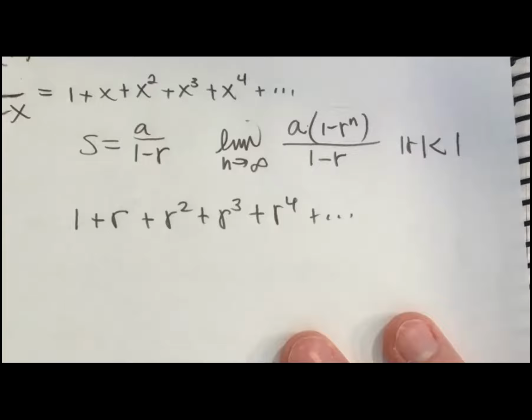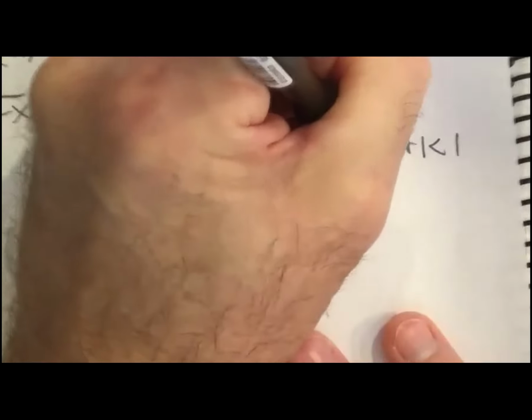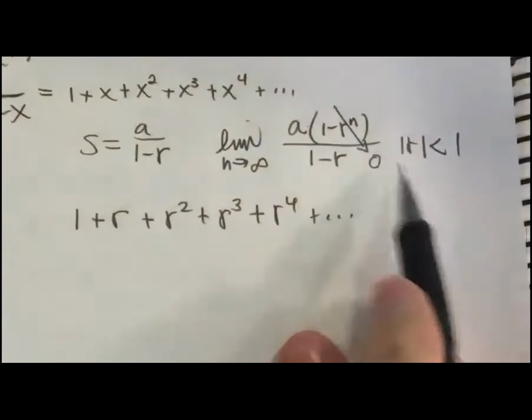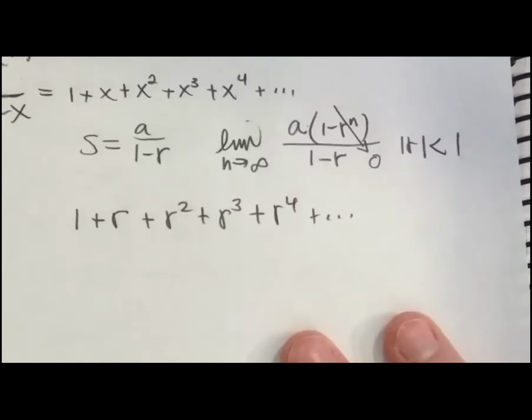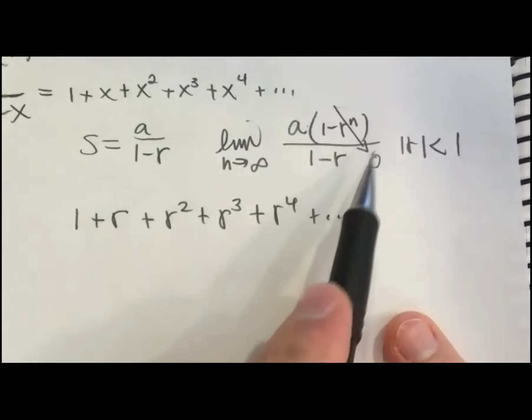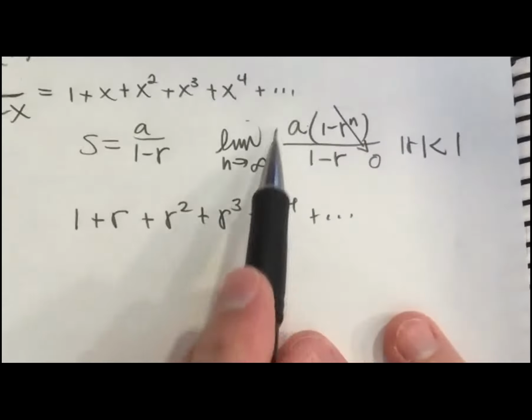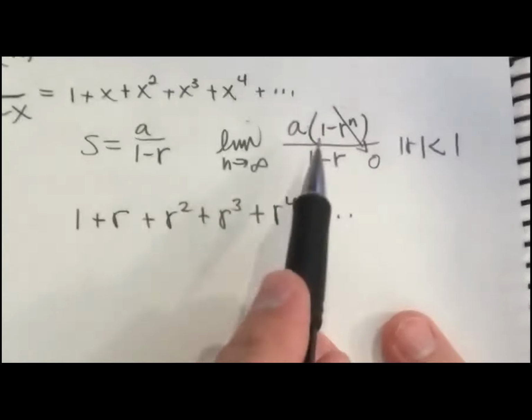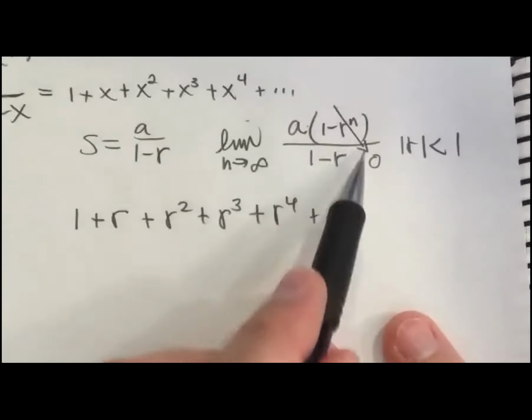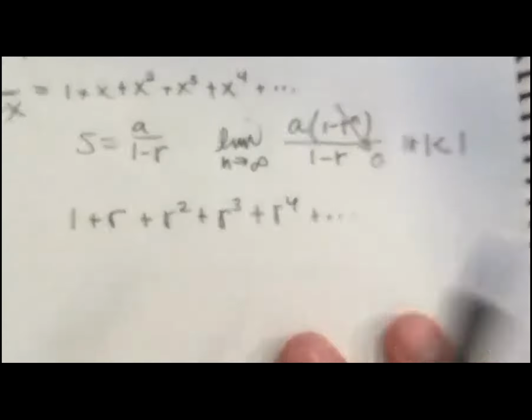Close, but you're a little bit off. This part goes to 0 if r is less than 1. Oh, yeah. Okay. But how do we know it was this formula? I mean, sure, once we get this formula, we can take the limit and that term's going to go to 0. But how do we get that formula in the first place?